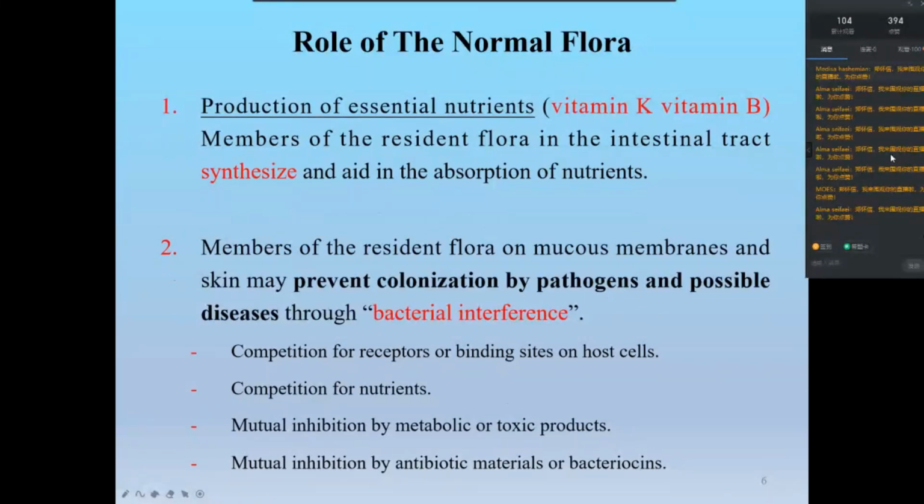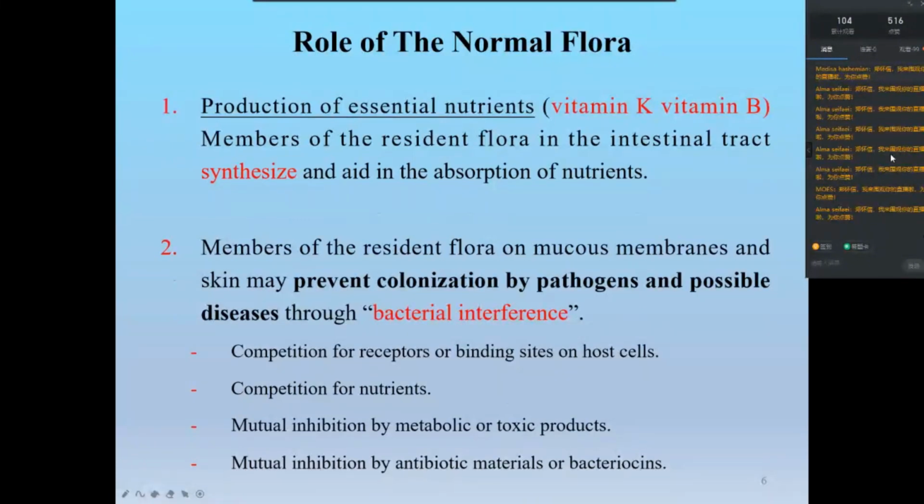Without the normal flora, without the microorganisms, the tissue or the organ will be weak or thin. And this is observed in mice, for sure. So if you live in a condition without any microorganisms, you cannot survive, or you are living in a very poor condition.